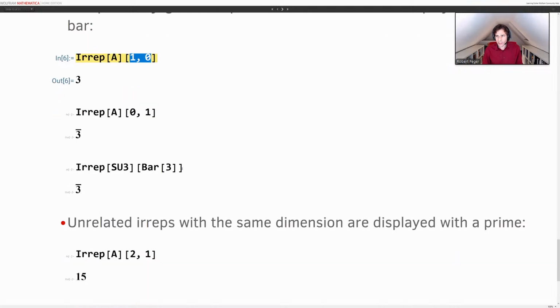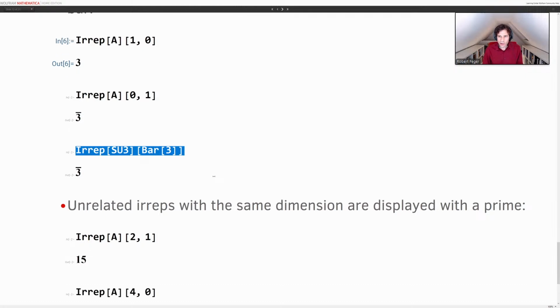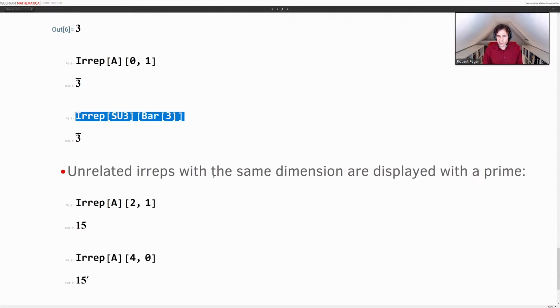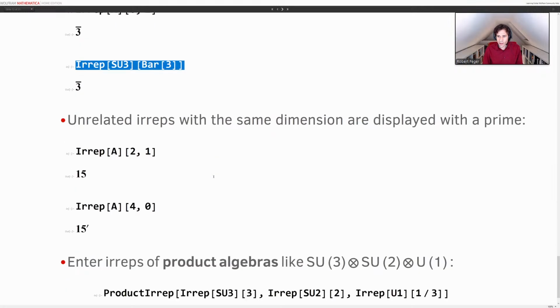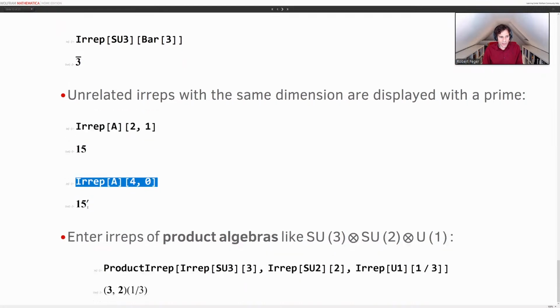But for the dimensional name, you usually put a bar over the complex conjugate representation, and you can even use that for entering the representation. But there are also unrelated representations which have the same dimension, and they are displayed by a prime. So here, for example, you have the 15 of SU3, which has the Dynkin label 2, 1. And you have a totally unrelated representation, which has the Dynkin label 4, 0. And then the dimensional name comes with a prime.